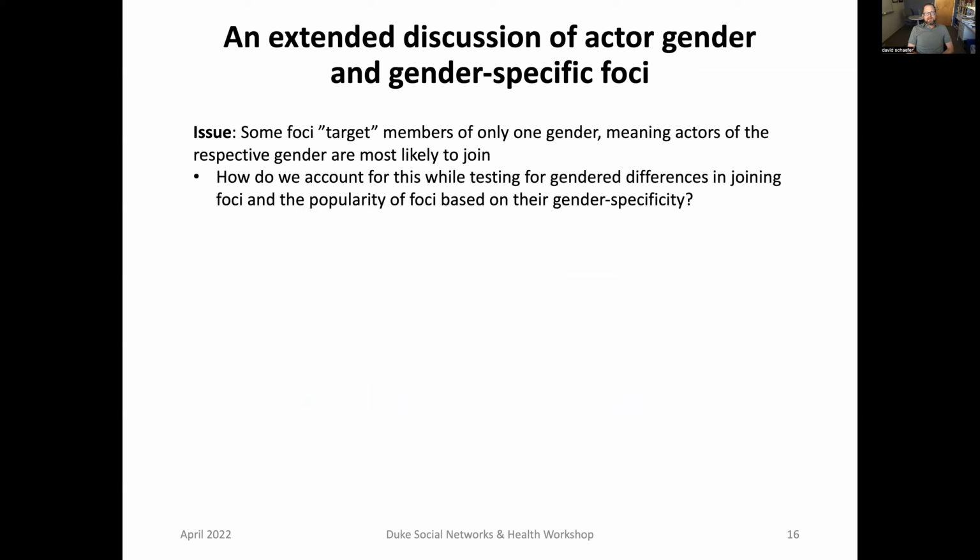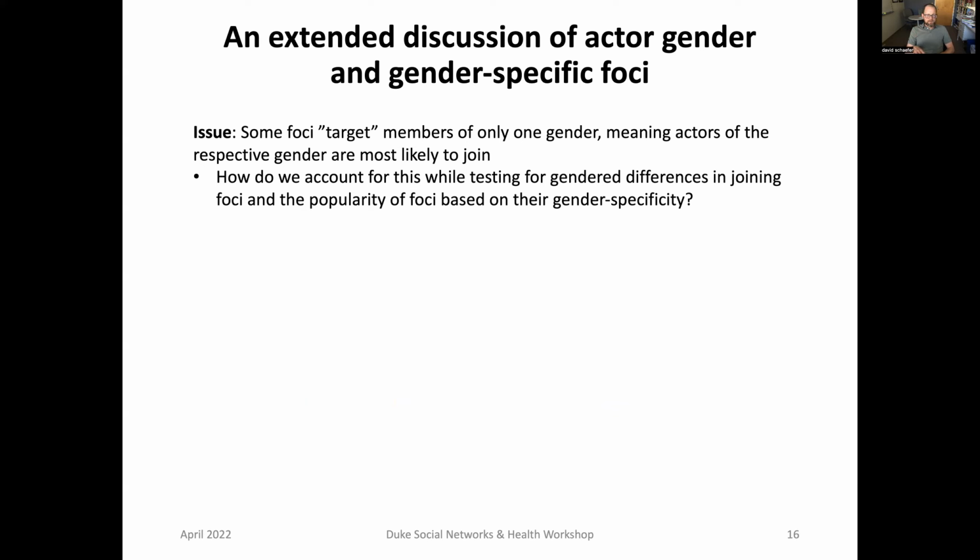All right, now I want to take a few moments to talk about this issue that arises with our data, but there will be others. This isn't isolated. With our data, which is high school activities, there are some activities that are gender specific. They target a specific gender, and for the most part, these are sports.